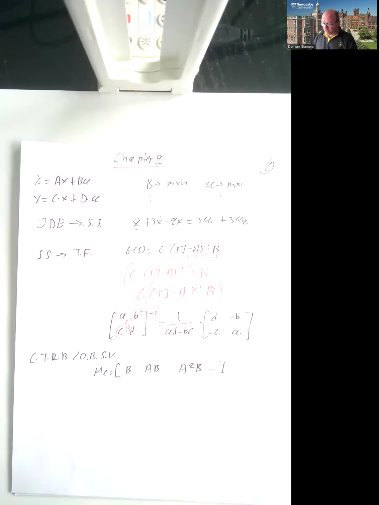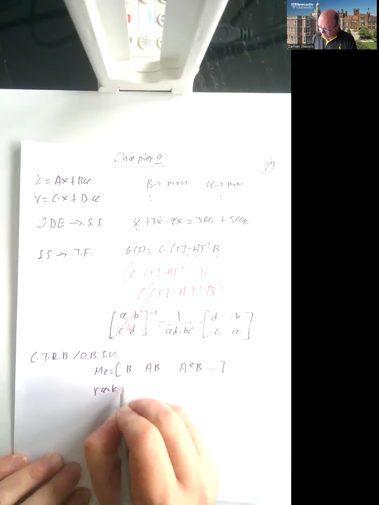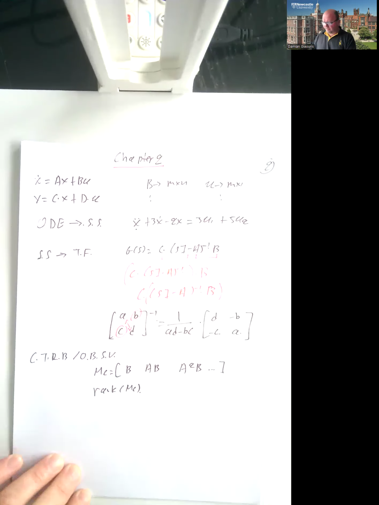And through here, you must be able to find the rank of MC. If MC is a square matrix, then just play with its determinant. If it is non-zero, then the system is controllable. Similarly for MO for the observability matrix. I think this is pretty much obvious.